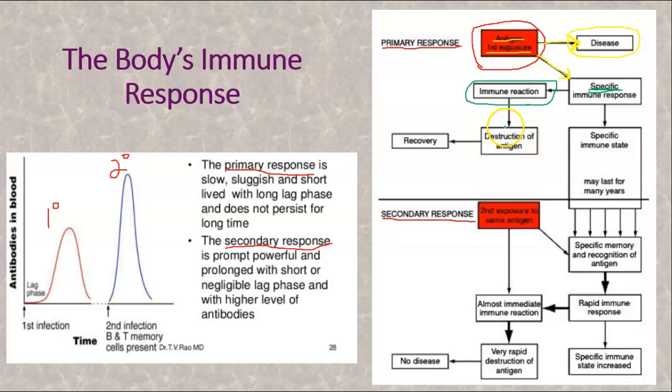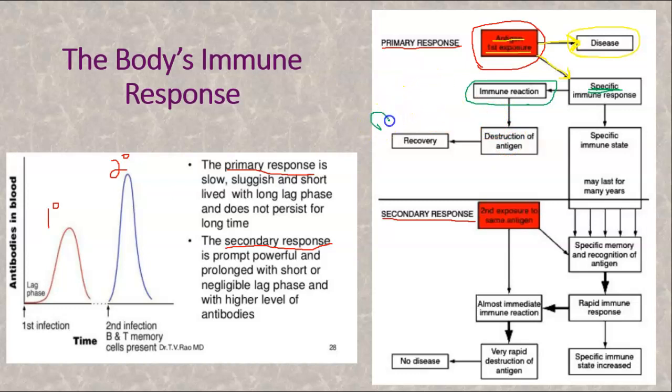Pay close attention: the lymphocytes would produce antibodies to bind to the antigens. The antigen-antibody complex would then clump with other antibody-antigen complexes in a process called agglutination.